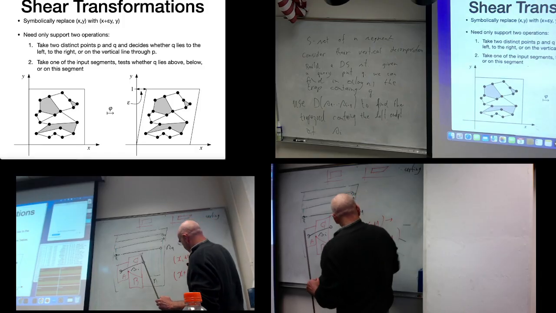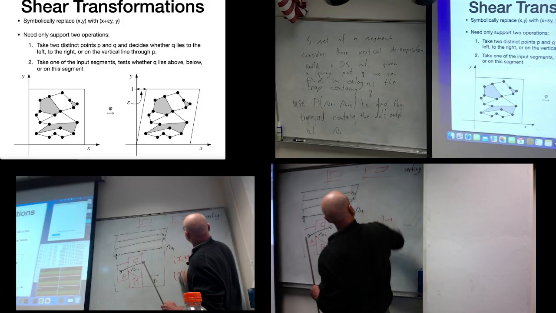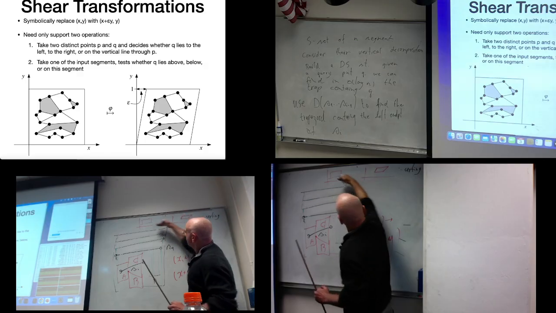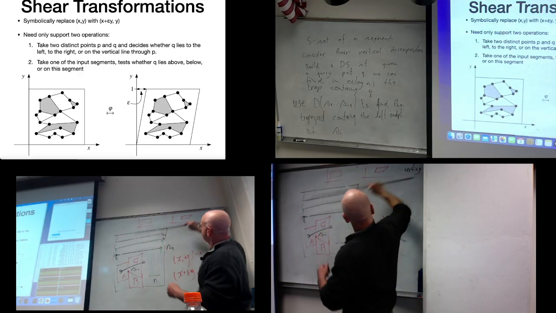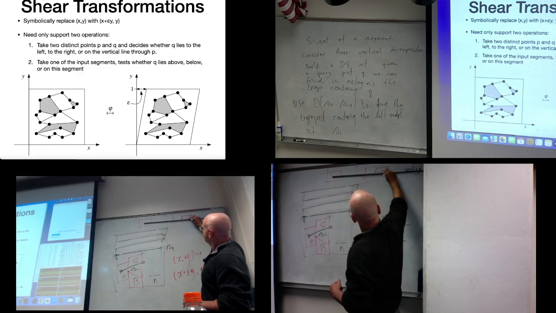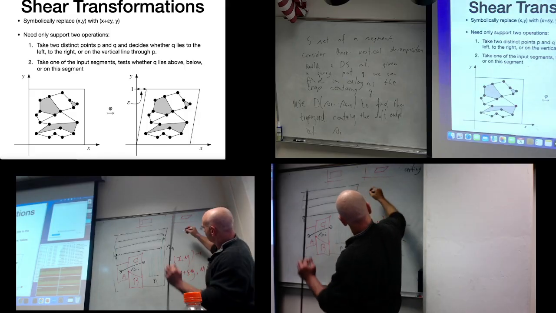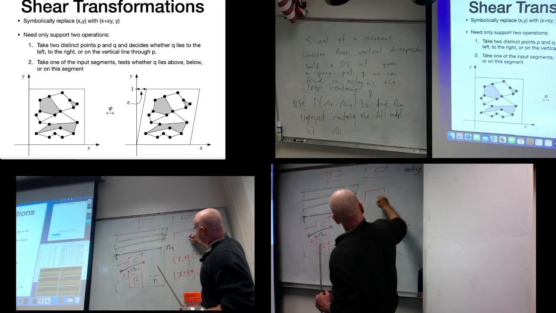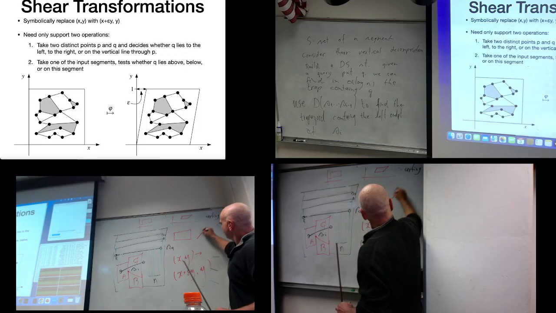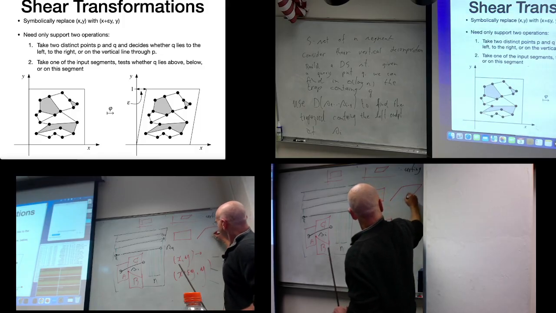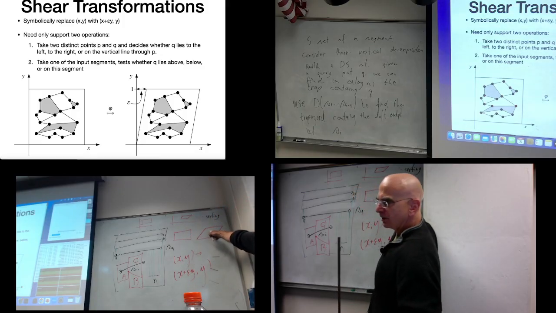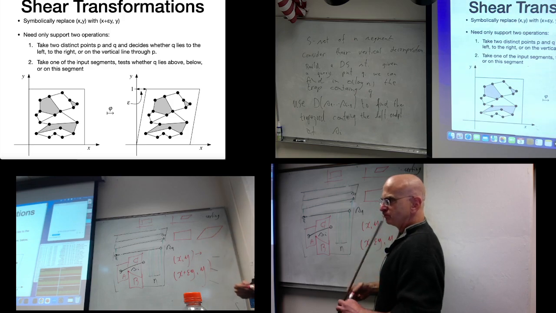I'm exaggerating it. The two horizontal edges stay the same. I'm not drawing it well. That's my source, and that will be where the points go to. It's not a rotation.